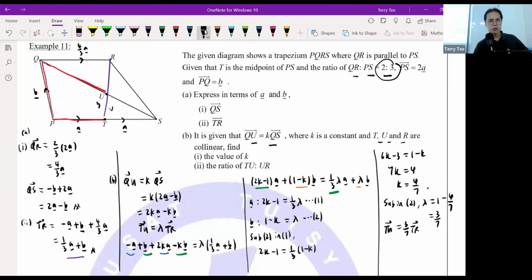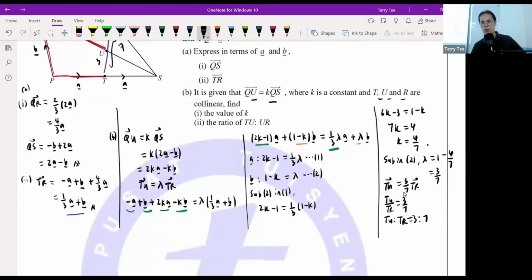TU is 3, TR is 7, this is 4. That means TU to TR is 3 to 7. Sorry, very ugly. Okay, let's move down a little bit. I just have to write TU to UR is 3 to 4.